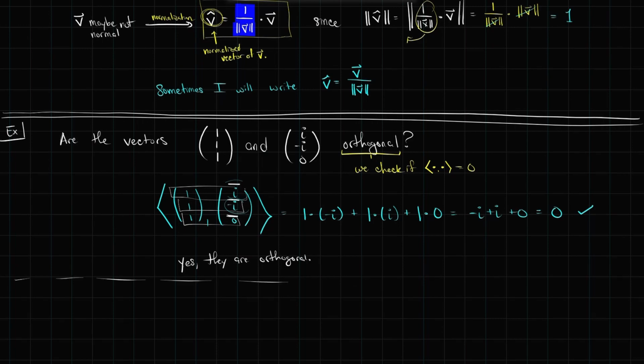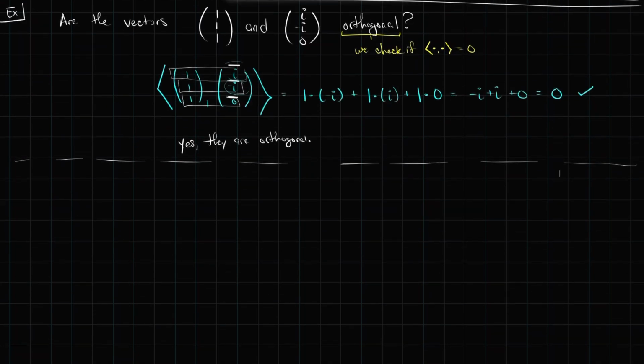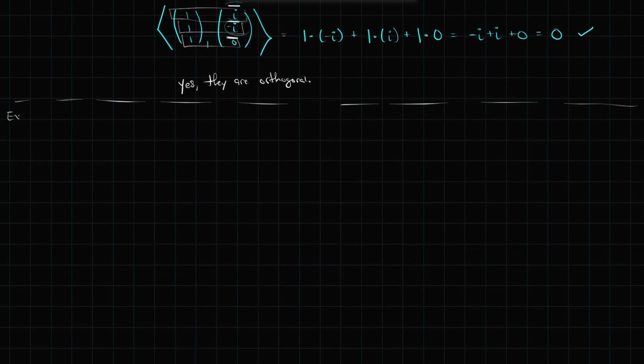Let's look at maybe a slightly more complicated example. Are the vectors 2 plus i, 2 minus i, 1, and i, negative i, 0 orthogonal?